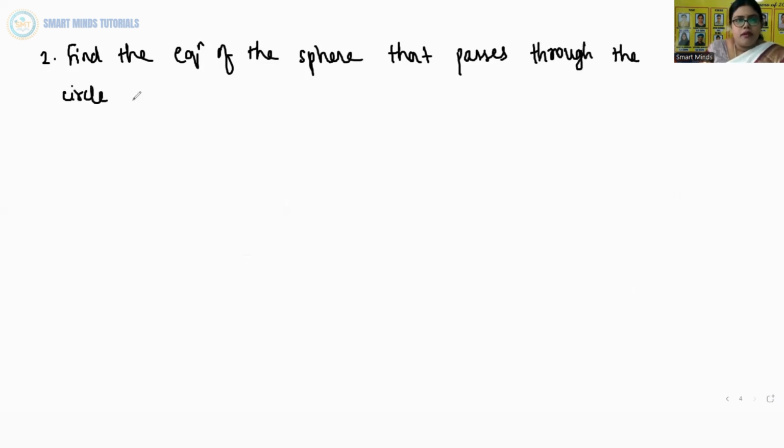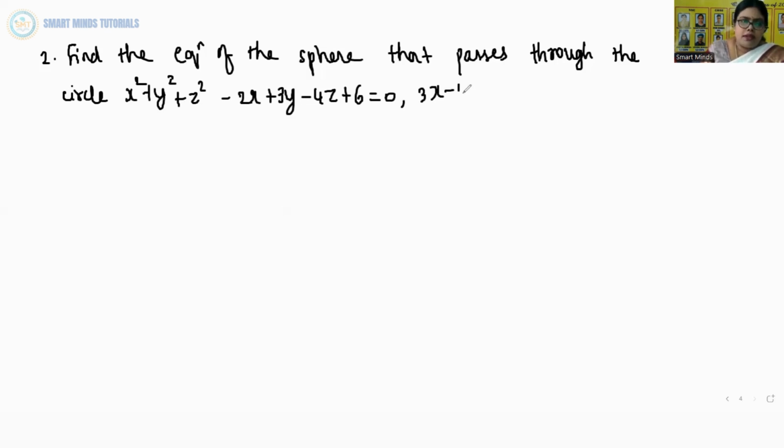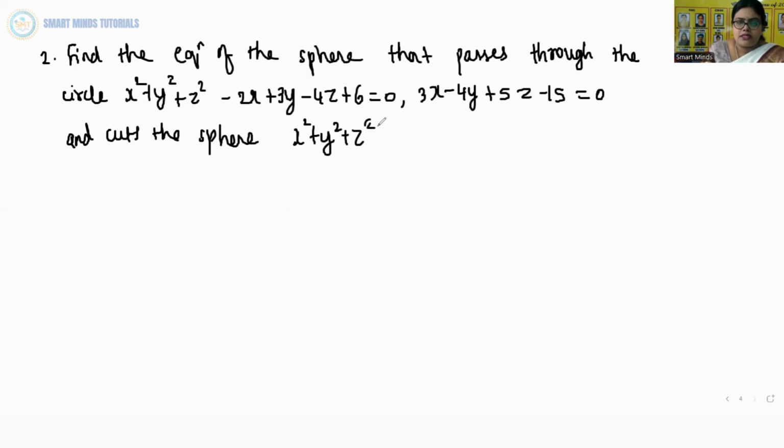Find the equation of the sphere that passes through the circle x square plus y square plus z square minus 2x plus 3y minus 4z plus 6 is equal to 0, comma 3x minus 4y plus 5z minus 15 is equal to 0, and cuts the sphere x square plus y square plus z square plus 2x plus 4y minus 6z plus 11 is equal to 0 orthogonally.